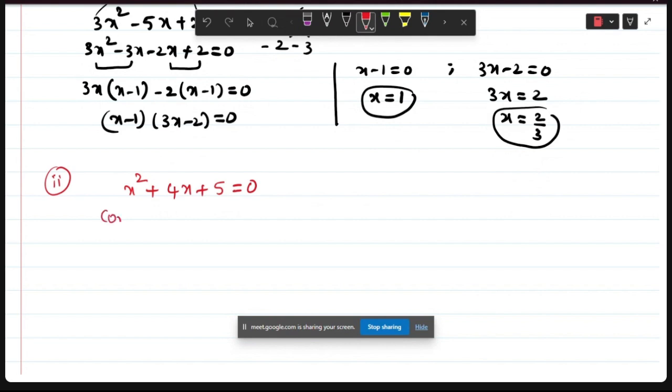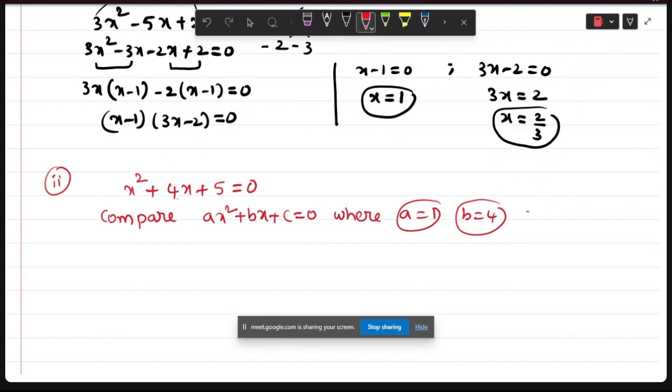First, compare with the quadratic equation ax squared plus bx plus c equals 0. The a value is 1. What is the b value? 4. What is the c value? The c value is 5.